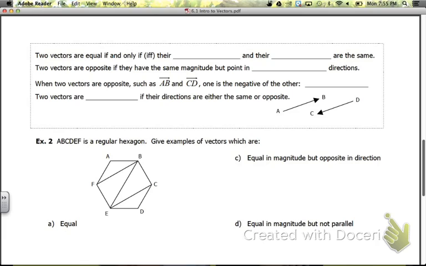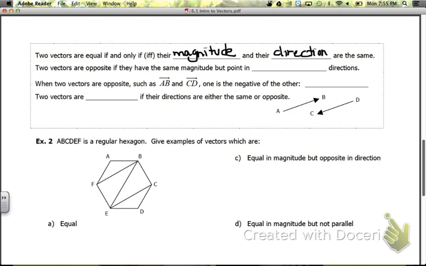Now we can discuss when 2 vectors are equal, if and only if both things hold true: their magnitude and their direction are the same. Recall, if those 2 properties are exactly the same, then the 2 vectors will be equal.